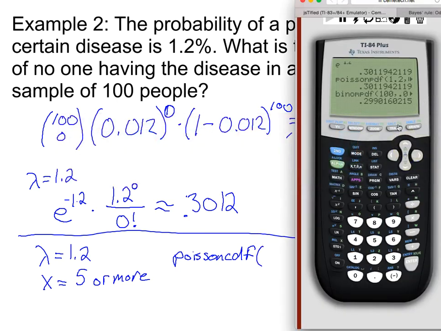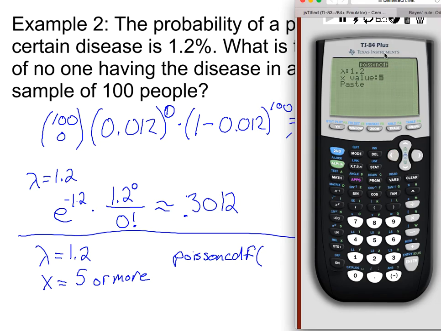If we do that over here, second distribution, letter D, lambda 1.2 out of 100. We've got a town that has 5, let's say a group of 100 people, I should say, a town of 100 people. If it were a larger town, we'd have to adjust the lambda to match that, but let's say it's a town of 100 people, and we want 5 or more.